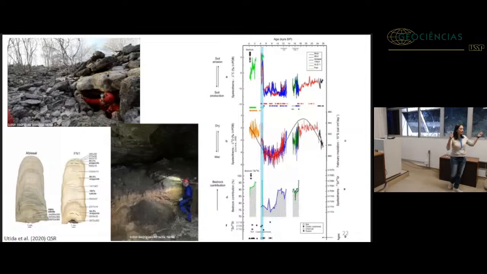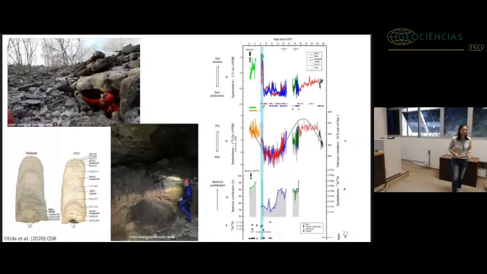It's just a simple mixing calculation. When the signal is close to the bedrock, you have more bedrock contribution in your stalagmite. When the signal is more positive, it's closer to the soil. It means that during this period we have more rainfall and more soil contribution.